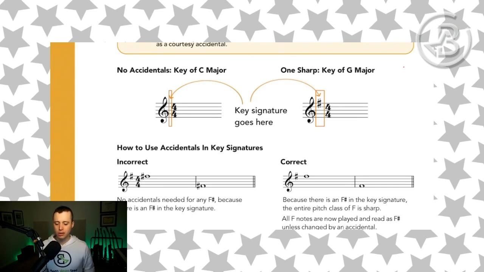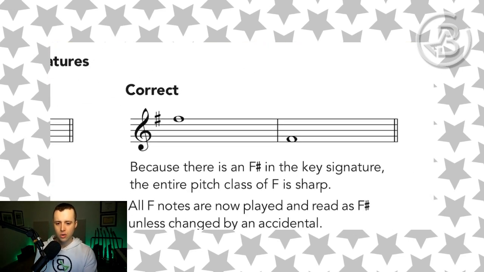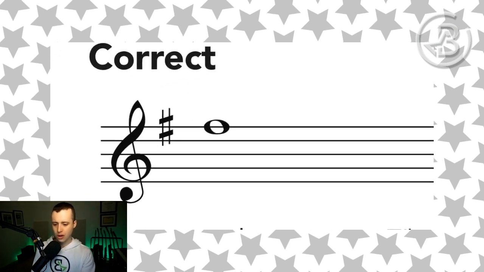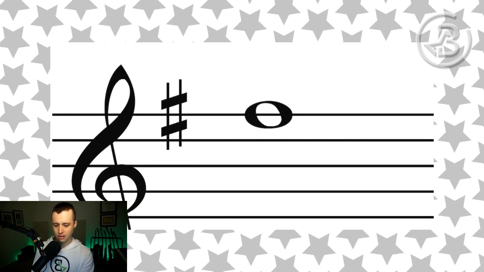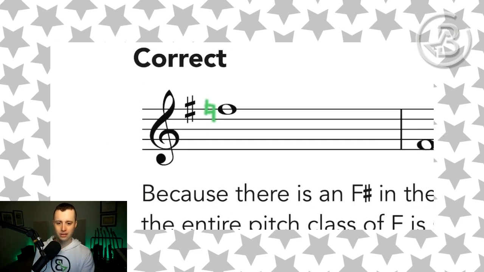Now let's talk a little bit about natural accidentals, because let's think about it this way. Now all of our Fs are sharp. What if we want an F natural? Well, if we want an F natural, we're actually going to have to go in and write a natural sign.